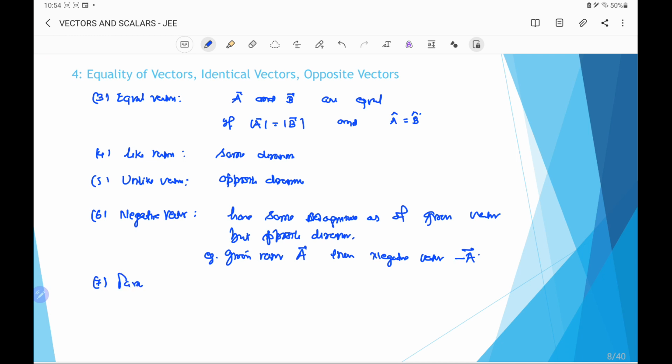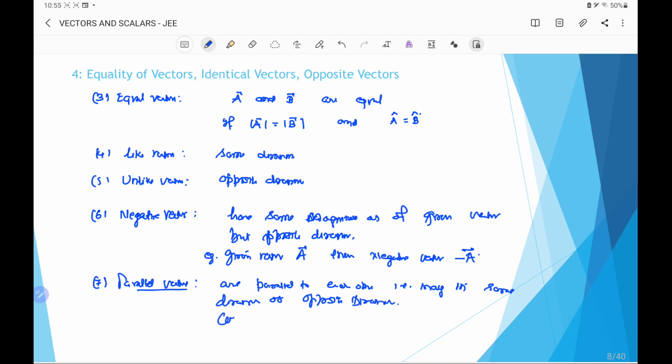Parallel vectors. These vectors are parallel to each other, that is, they may be in the same direction or opposite direction.